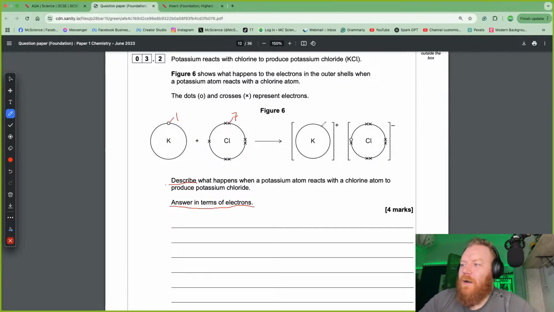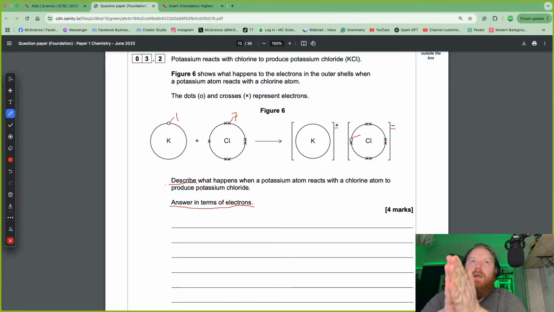And on this side, notice that the charge is positive and the charge here is negative. And notice we have our dot cross diagram showing that the electron that the potassium originally had is now with our chlorine. Now, electrons have a negative charge, and our protons have a positive charge.